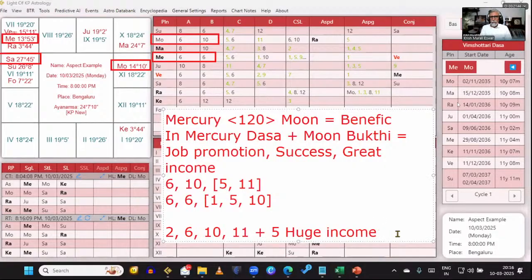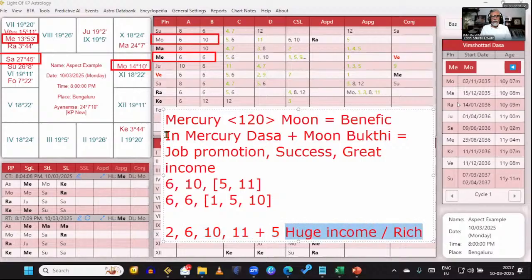Wealth will come. Okay, rich. So this person will enjoy great wealth because we don't see a 2, but we see 5, 6, 10, 11. See the 6, 10, 5, 11 combination. So this person will enjoy huge income. Why?